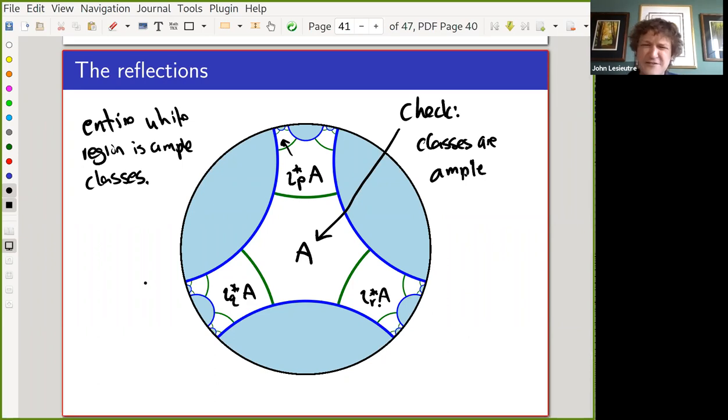Because if you took any word in IP, IQ, and IR, a product of them with never the same involution twice in a row, you're going to take this ample region and pull it out towards the boundary, but you'll never move back towards the middle. So there could never be one of these words that gives the identity map, because if you pull back these amples by any word, you're going to move towards the boundary. So this picture shows that there are no relations between these Bertini involutions.